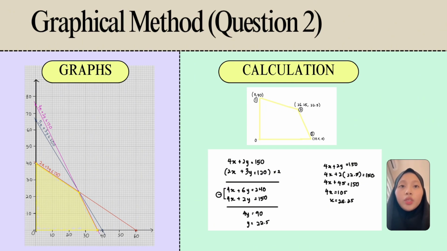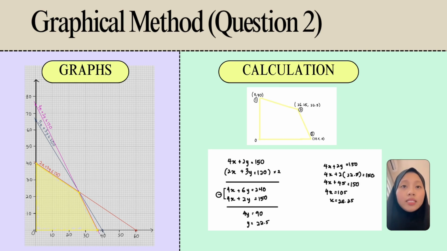The second equation with the blue line is 5x plus 3y less than or equal to 200, which indicates the area is below the line and moves to the left downward. And the third equation with the red line is 2x plus 3y less than or equal to 120, which indicates the area is below the line and moves to the left downward.